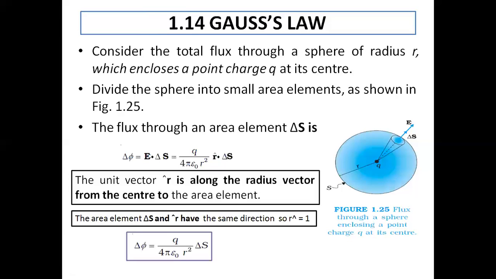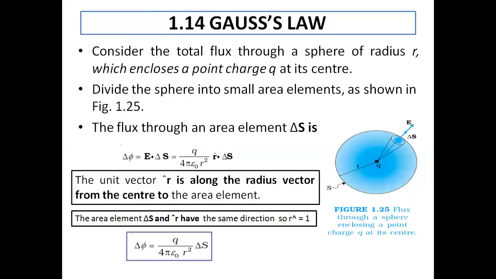So simply, let's consider the total flux through a sphere having radius r. As shown in the figure, here we have one sphere having radius small r, and it encloses a point charge q at its center. Now dividing this sphere into small elements, let's consider a small element delta S. Because of this q, there is an electric field.